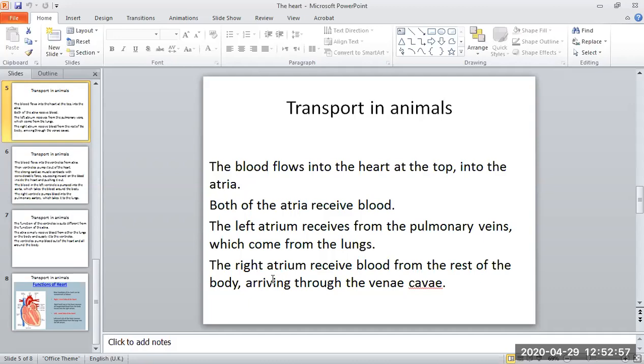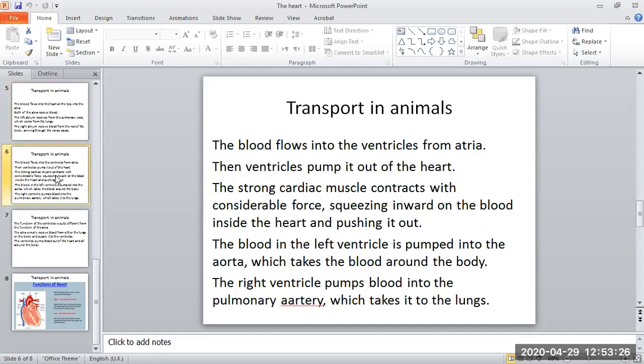The right atrium receives blood from the rest of the body that arrives through the vena cava. The left side receives blood from the lungs that is rich with oxygen, and the right side has blood rich with carbon dioxide.